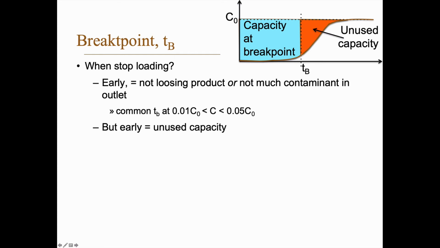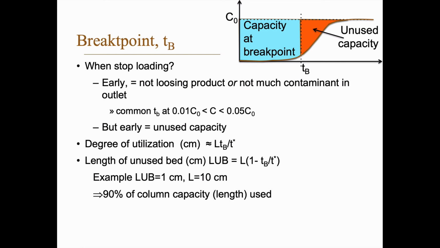A common breakpoint is typically somewhere between 1 and 5% of the C0 concentration, but that might vary considerably between different situations. We will talk about a degree of utilization, and approximately speaking, that is the length of the column times tB divided by t star.